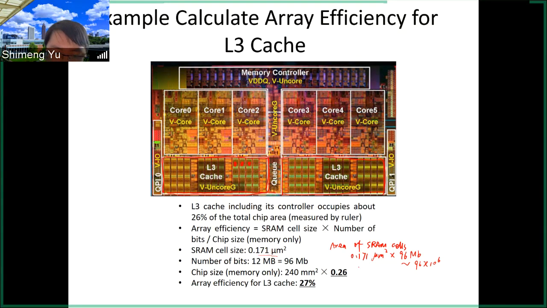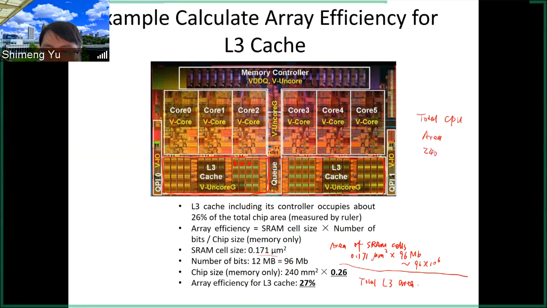So the array efficiency should be this area divided by the total L3 area. So the total L3 area, here, I think from the spec of this chip, the total CPU area is given.